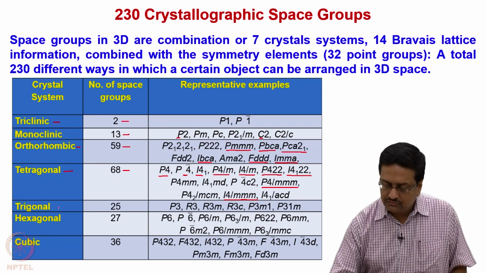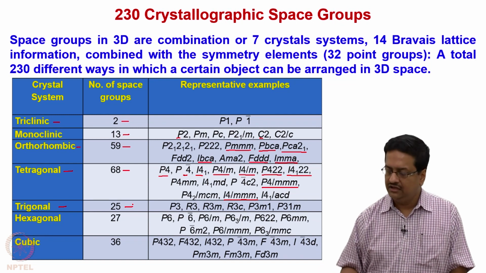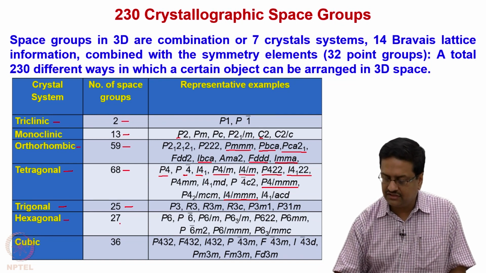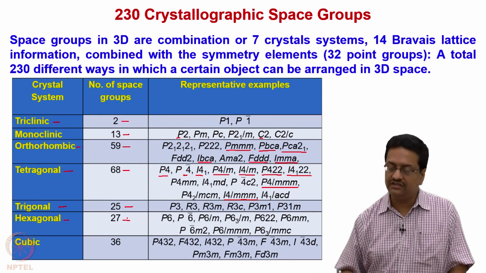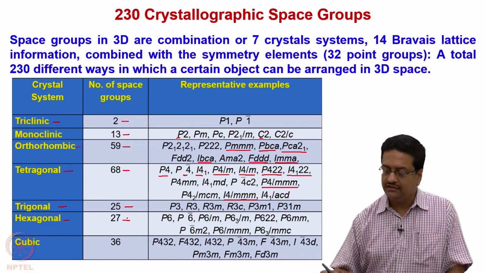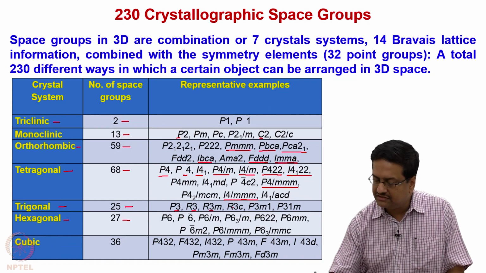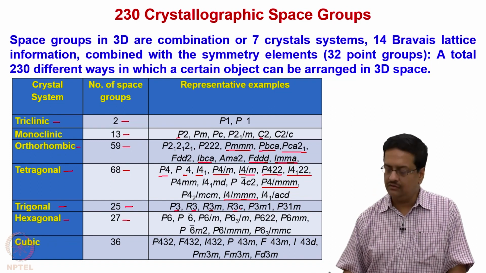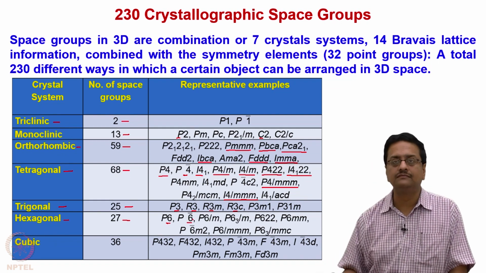So when we go to the trigonal system, we have 25. In case of the hexagonal system, we have another 27. The distinction between trigonal and hexagonal is that in the trigonal system, the highest symmetry is 3-fold, while in the hexagonal, the highest symmetry is 6-fold.